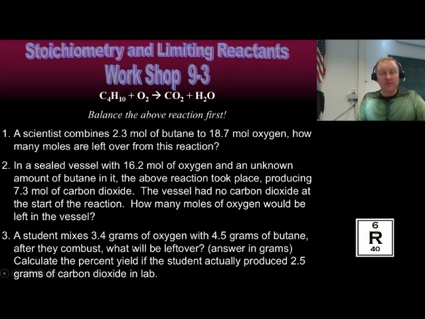So to figure out the limiting reactant between oxygen and butane, you're going to have to convert one of them into the other. I would convert maybe 3.4 grams of oxygen into moles of oxygen, then convert moles of oxygen into moles of butane, and then convert moles of butane into grams of butane mass.